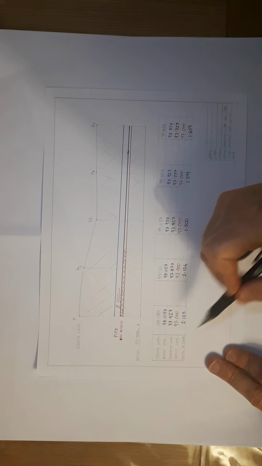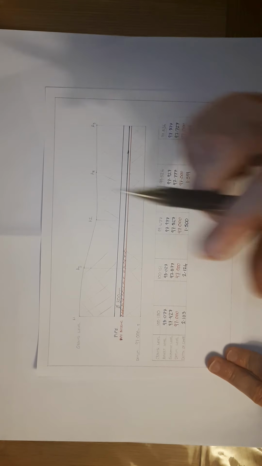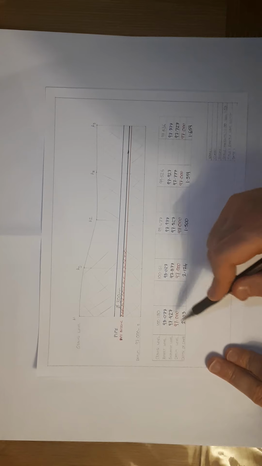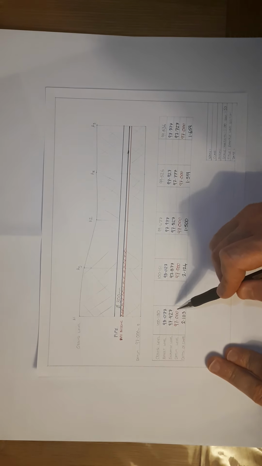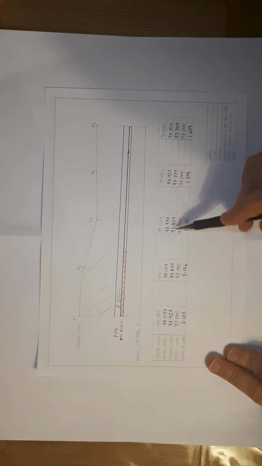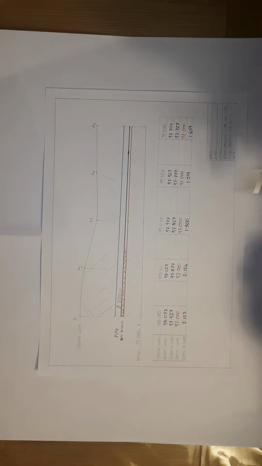So for example, A1, we've got an invert level 98.077 minus the pipe bedding thickness, which is 150 millimeters, gives us an excavation level of 97.927. I repeated that calculation for each of the excavation levels for all the respective points on the long section.